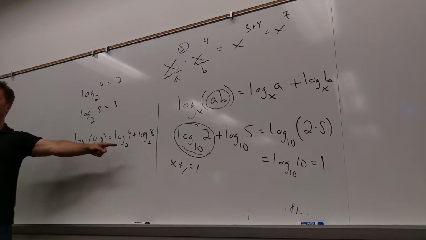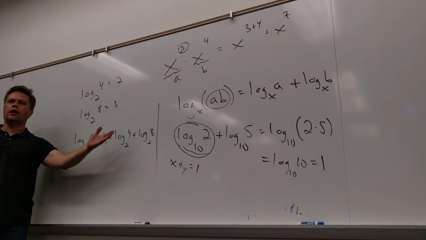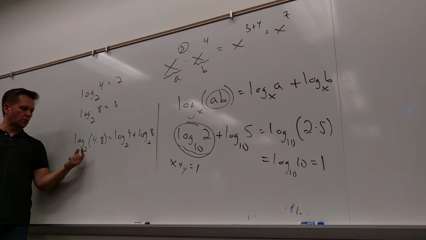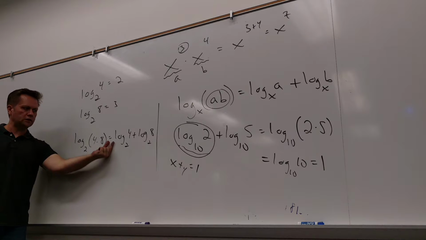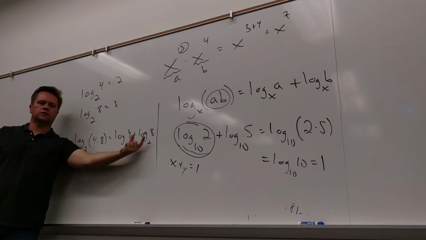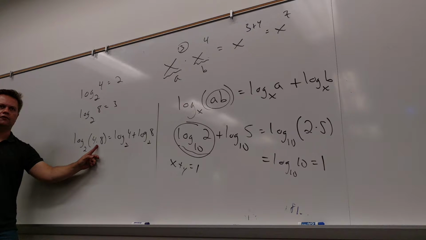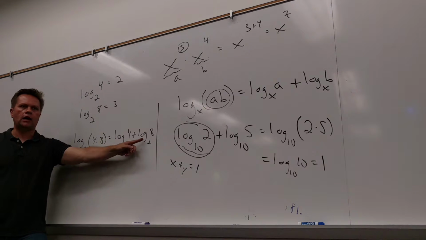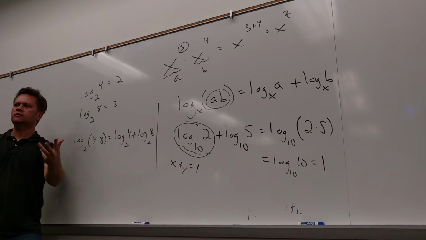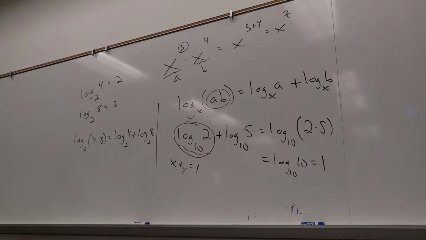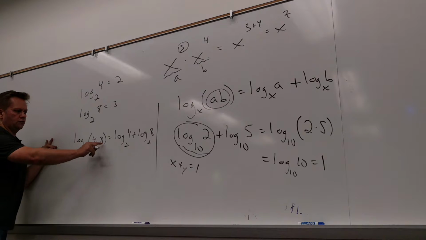So what I just did here was I just blindly applied the property. Log base 2 of 4 times 8 must be log base 2 of 4 plus log base 2 of 8. That's what the property says, right? When you multiply stuff, you must add the powers. Well, we can check this. This is not a proof, but it's at least a feeling for what is going on. So what is 4 times 8?